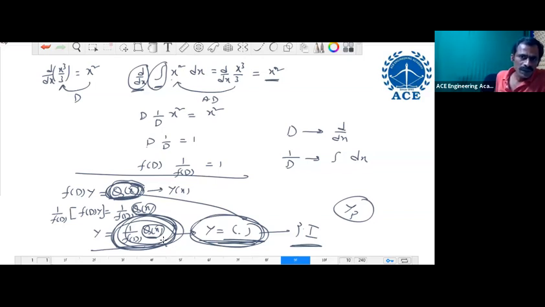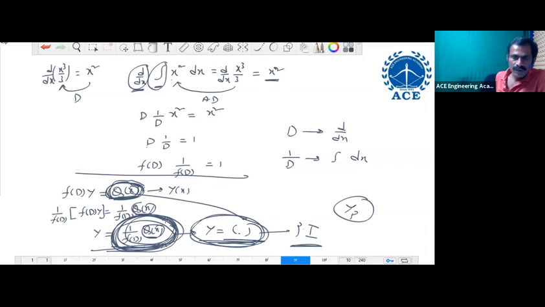Polynomial and non-polynomial together are algebraic functions. Other than algebraic are transcendental functions: sine, cos, that is trigonometric, hyperbolic, exponential, logarithmic. Out of all these elementary functions, for some we have a shortcut method for the evaluation of 1 by f of D of Q of x. So first we write the shortcut methods based on the function, and then we write the general method for any function for the evaluation of 1 by f of D of Q of x.